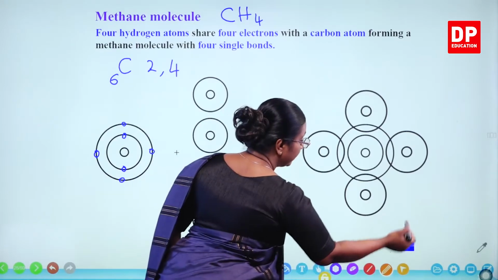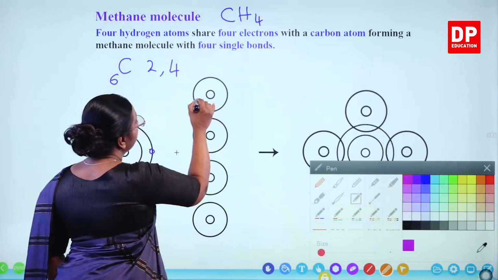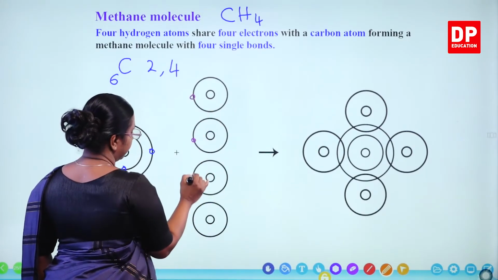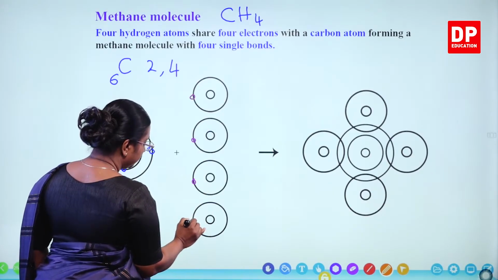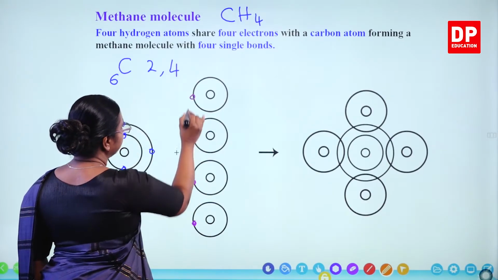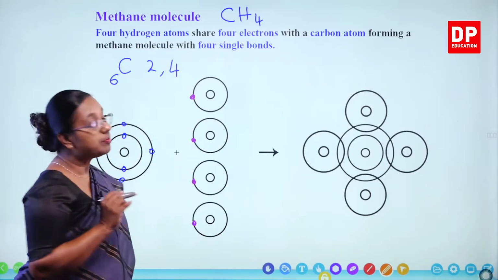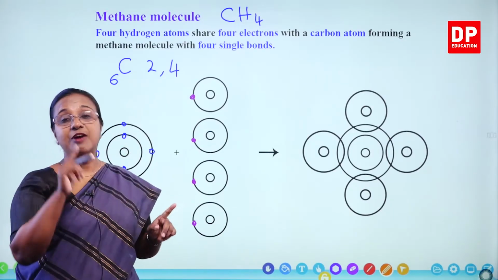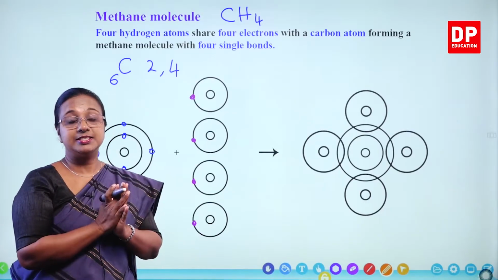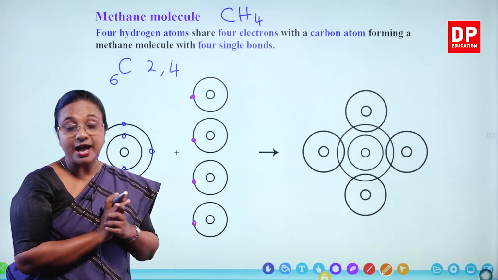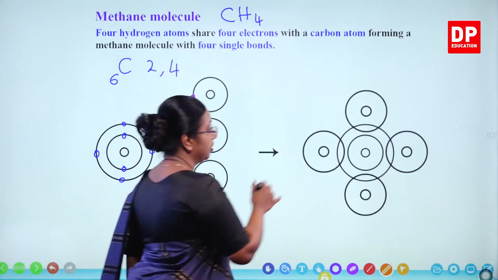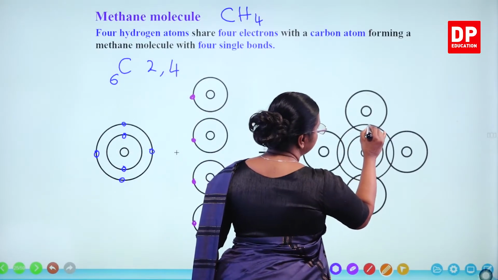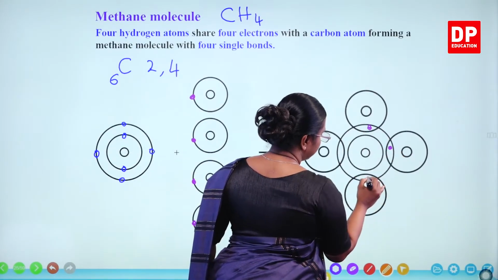So then hydrogens, they have 1 electron each. So when the bond forms, 1 electron from carbon and 1 electron from hydrogen combine and share and form the covalent bond. So I will mark the electrons of hydrogen first.